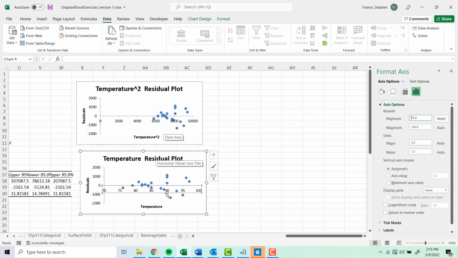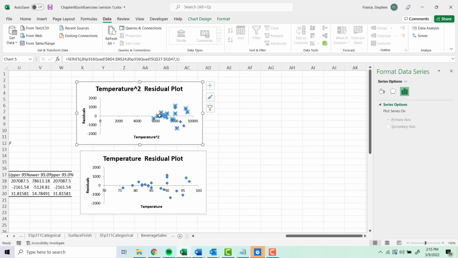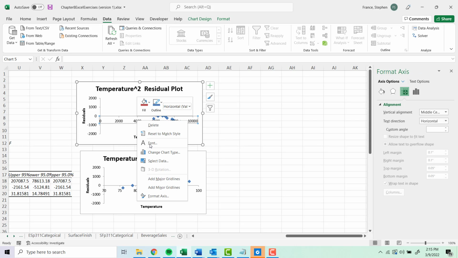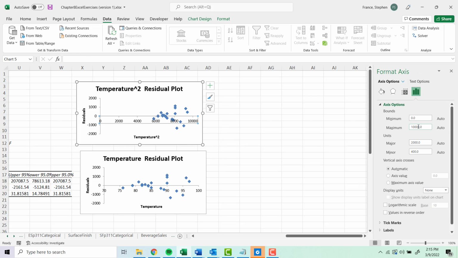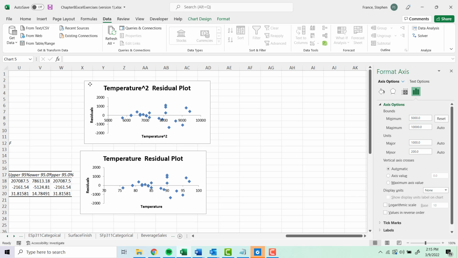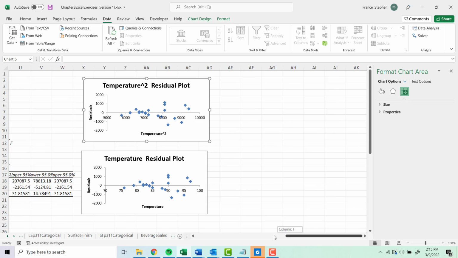Even though there's maybe a little bit of heteroscedasticity, as you can see the residuals get larger as the temperature gets larger, so we may want to look at a log model as well. Let's look at the format axis here. And the squared starts around 5,000. And similar here, we don't get that non-independent pattern that we had before.